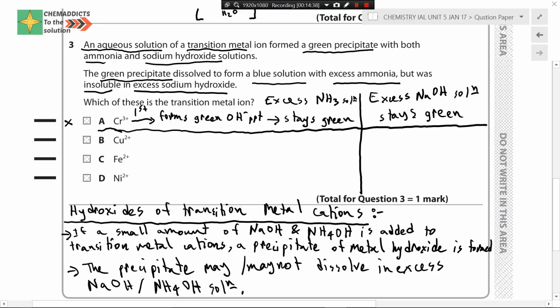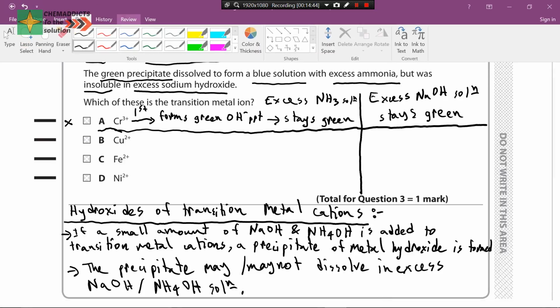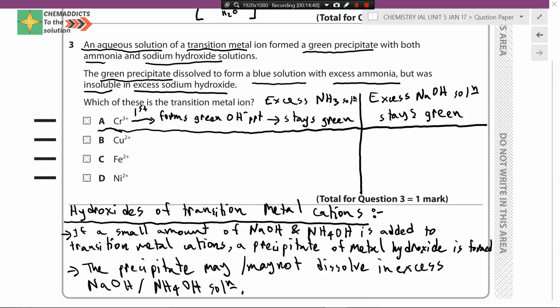Okay, A is not the answer. Let me mark this with red pen to avoid confusion.